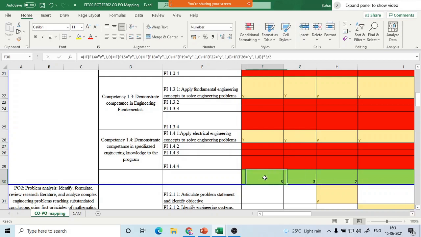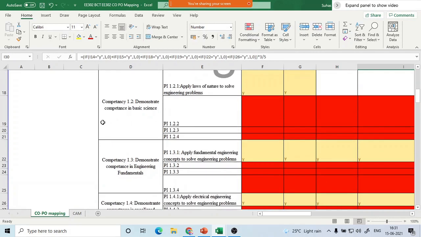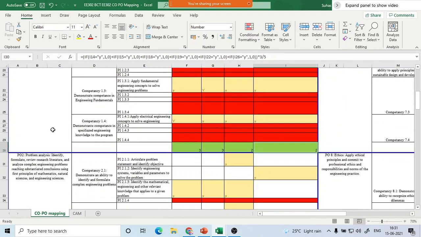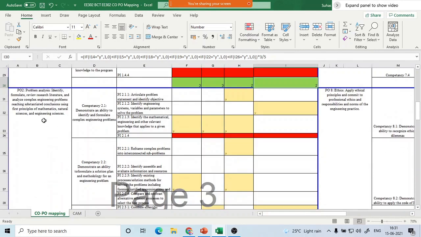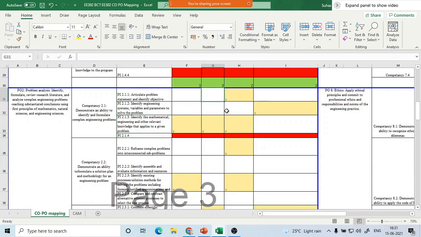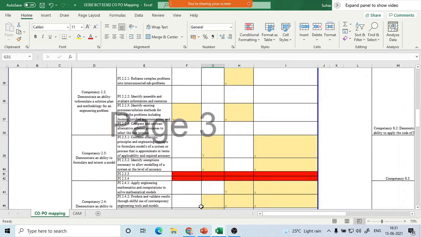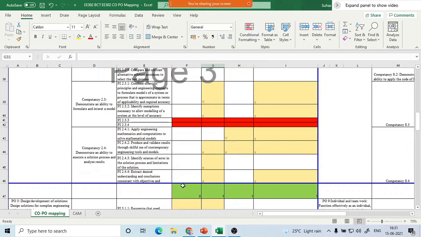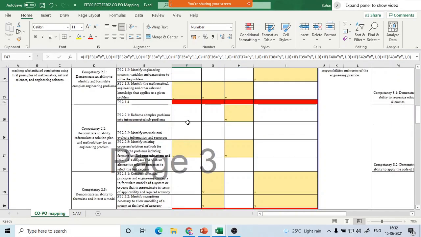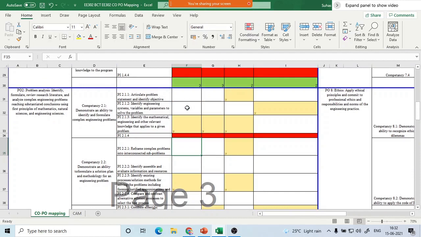Now the same for CO1, CO2, CO3, CO4. This is done for a PO, that is PO1. The same kind of application you can do for PO2. Yes, you can have performance indicators and competency levels. I can provide yes, I can have all these sums, and finally I will get this number. I can count how many yes are there and how many performance indicators there are.